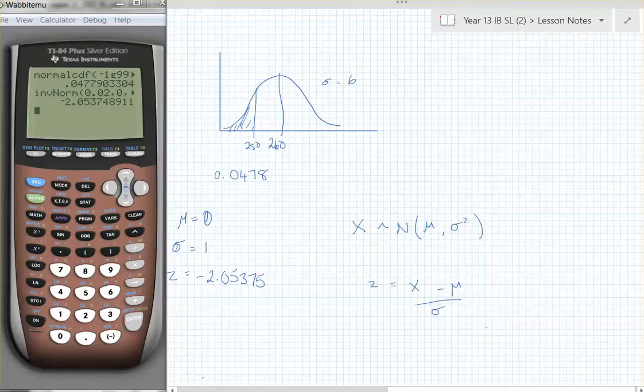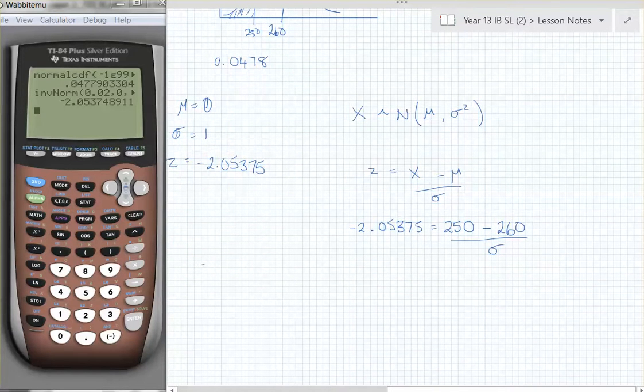Okay, so what we have now is that we've got our minus 2.05375 that we worked out on a standard normal. We've got the value underfilled is still 250. That hasn't changed, and we've got minus the mean of 260 is still the mean, all over whatever our standard deviation is. So we've used this value from our standard normal, so it will still apply.